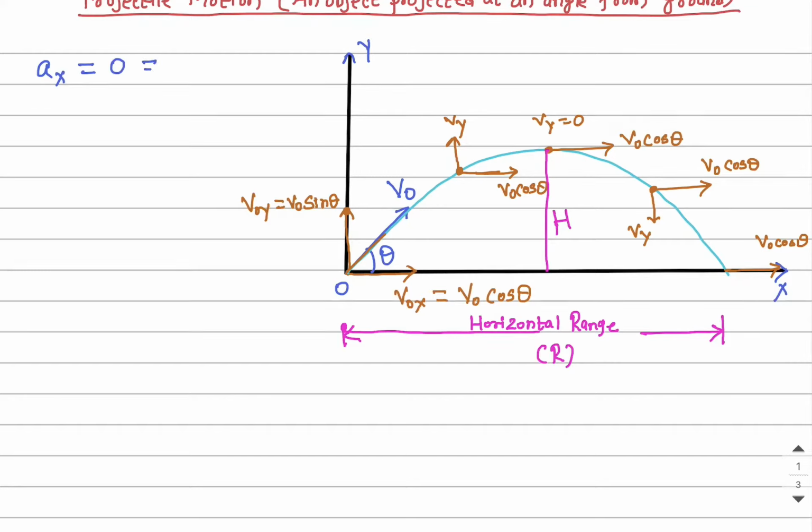That means the velocity along the x-axis is constant. It doesn't change. And along the y-axis, the acceleration is acceleration due to the gravity. That means the velocity is a variable.